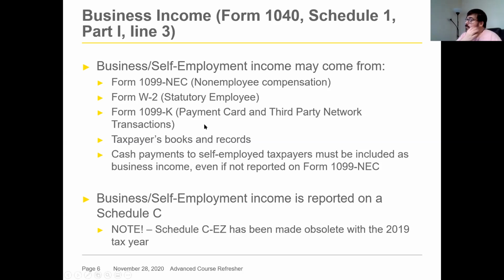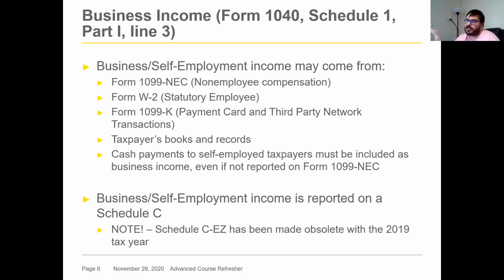In regards to self-employment income, it can also come from W-2s if they're marked with the statutory employee box. It can also come from a 1099-K if you get paid electronically. This happens a lot if you drive for Uber or Lyft, you'll get this 1099-K because all your payments are electronic, and if it hits a certain threshold, they have to give you this form.